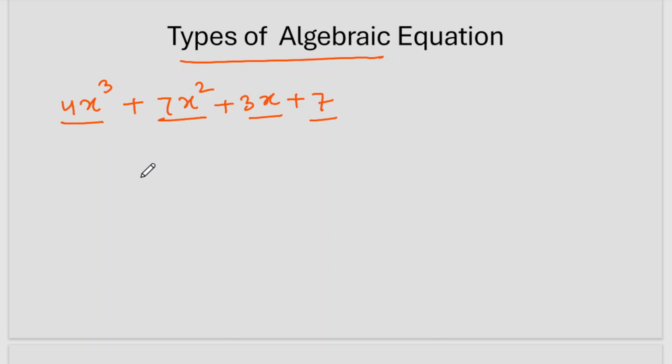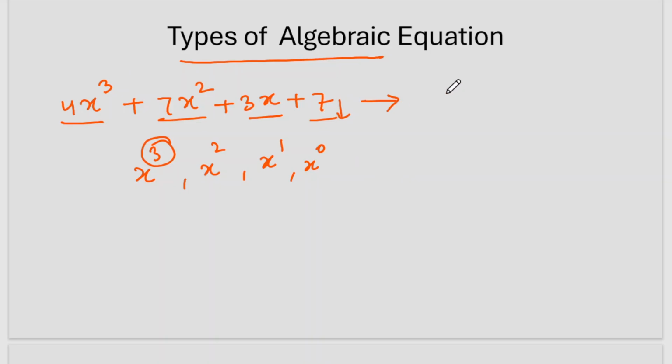Now if I ask you what is the highest power, we have the power 3, we have the power 2, and we have the power 1, and we also have the power 0 that we'll consider. See, here we have x to the power 0. Okay, that we will study later. Now what is the highest power? The highest power is 3.